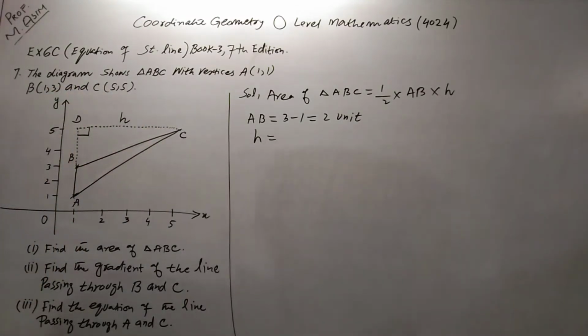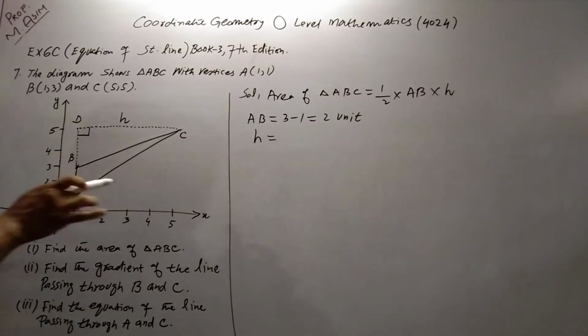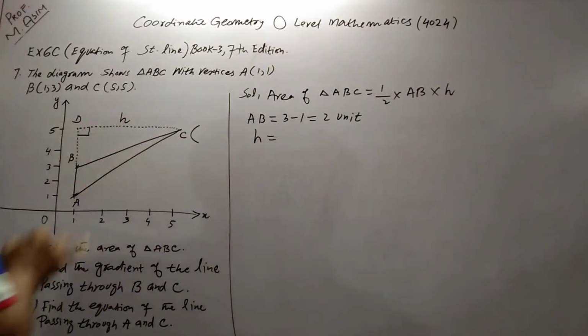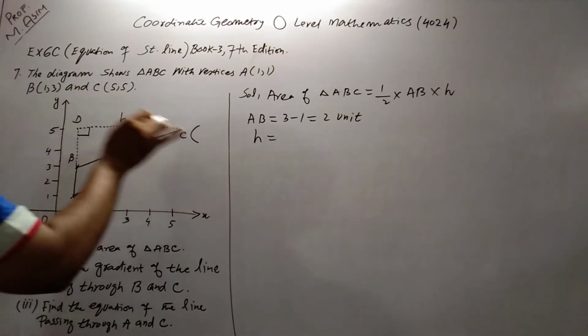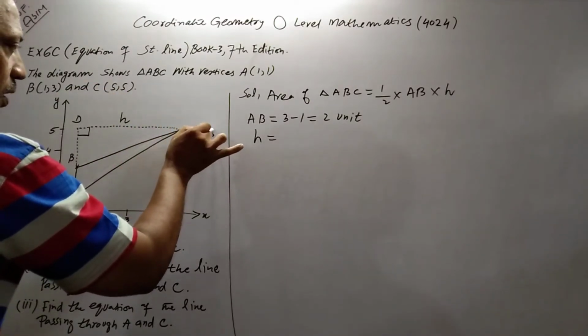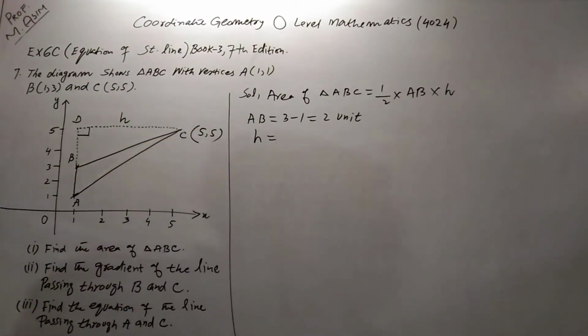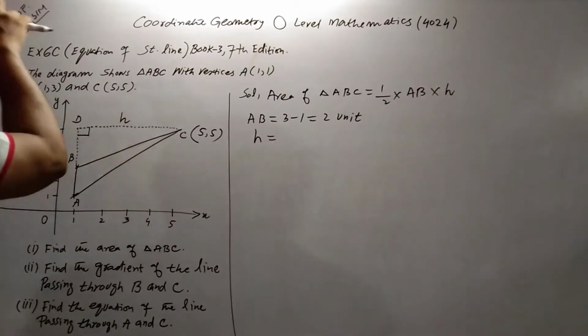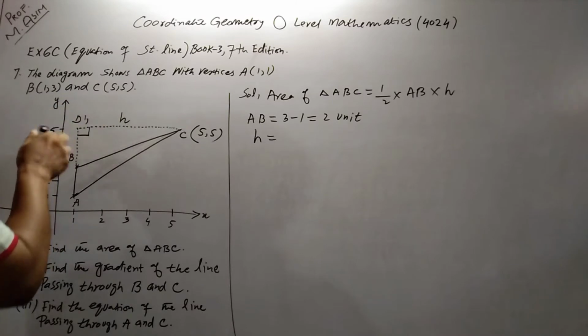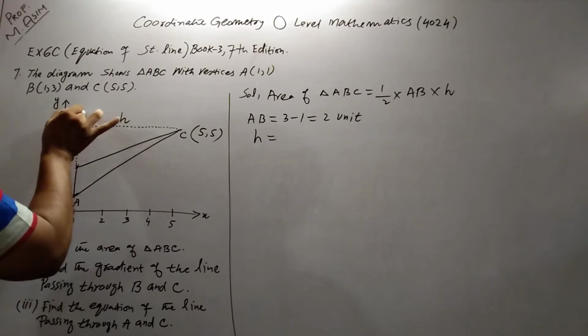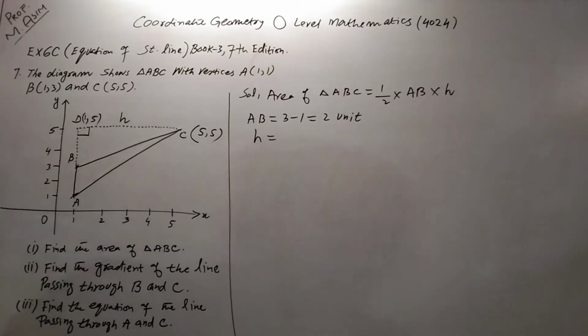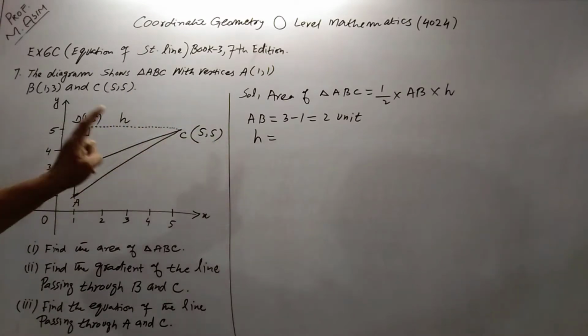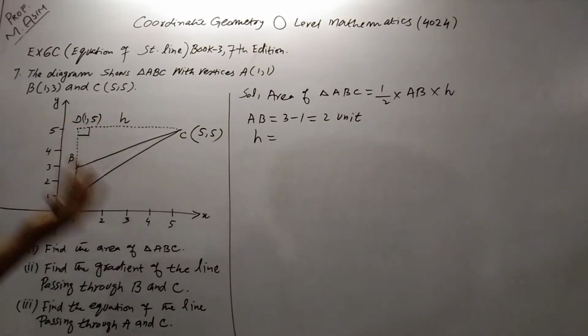So what is the value of the height? See carefully. What are the coordinates of C? The coordinates of C are 5, 5. What are the coordinates of D? The value of x is the same throughout the line, which is 1, and the value of y is 5. Because the y value is the same, 5 minus 5 is 0.